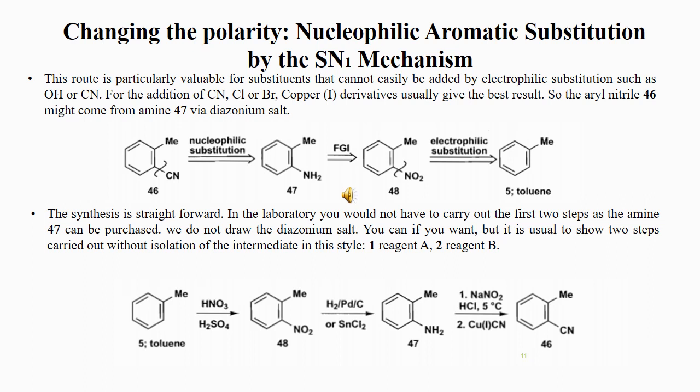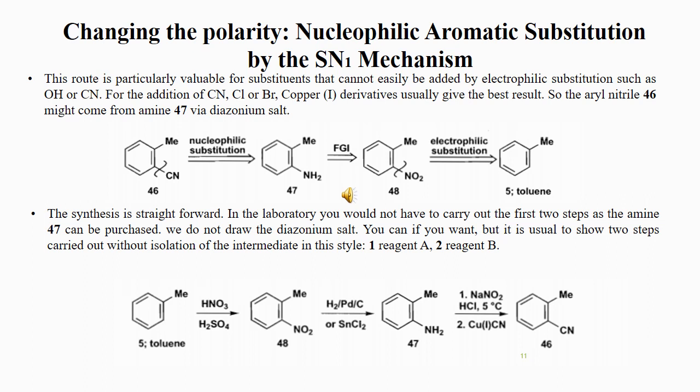Upon diazotization, this amino group is converted into a diazonium salt. The reagents used for making the diazonium salt are sodium nitrite and HCl, so nitrous acid is basically the reagent.